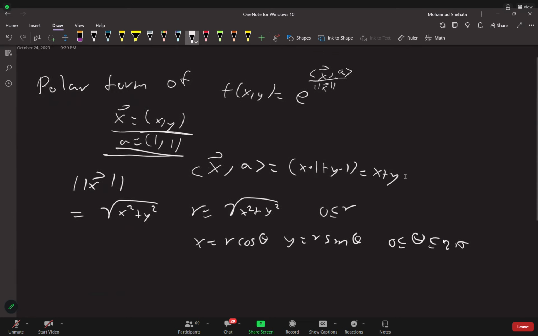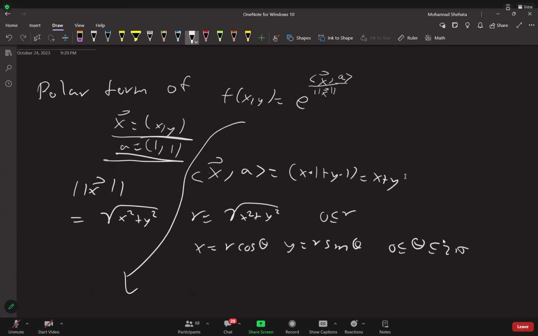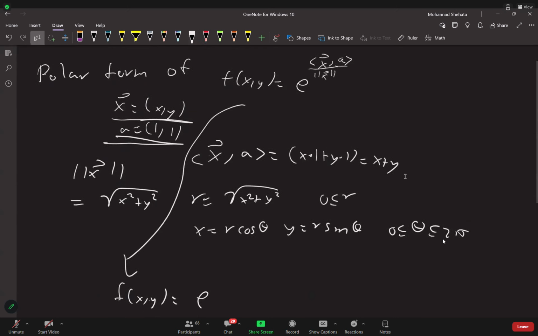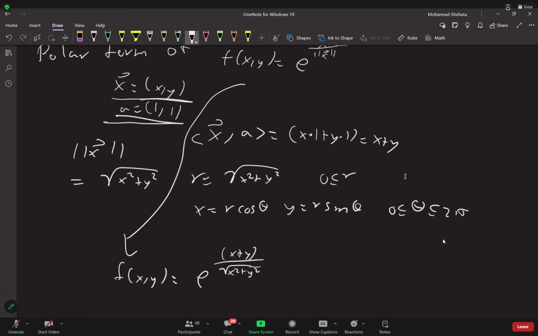So we rewrite this as e to the x plus y over the square root of x squared plus y squared, which would be e to the r sine theta.